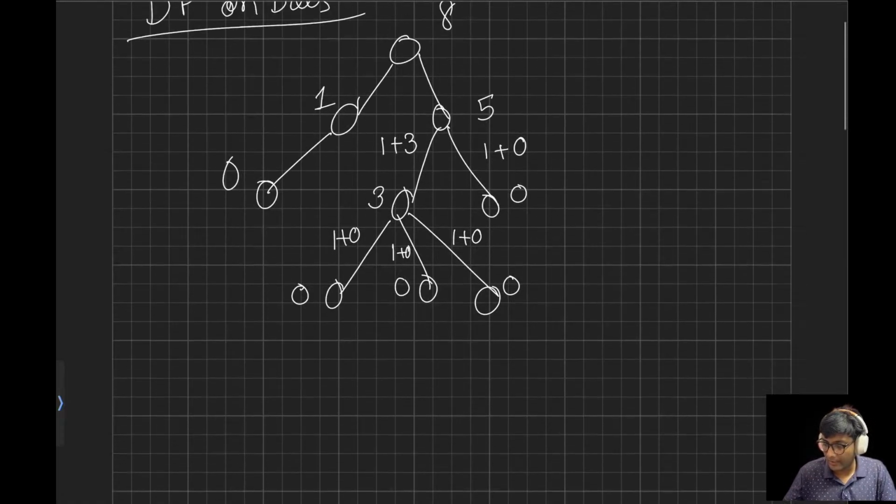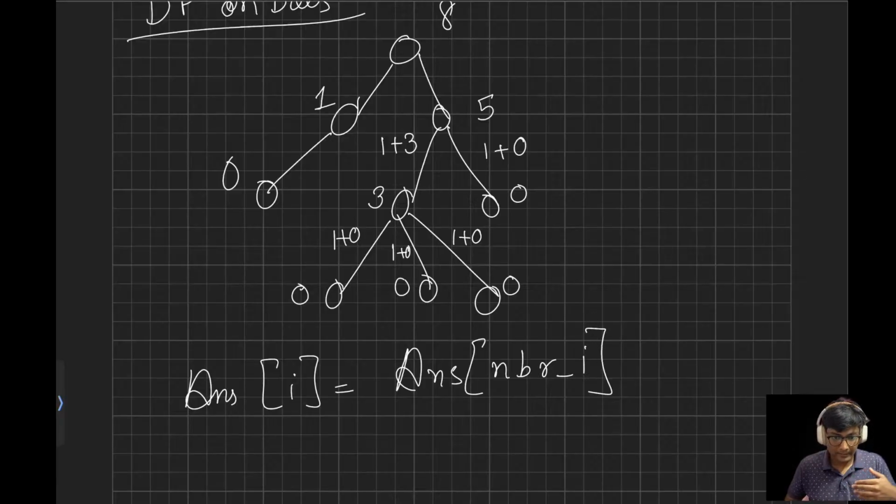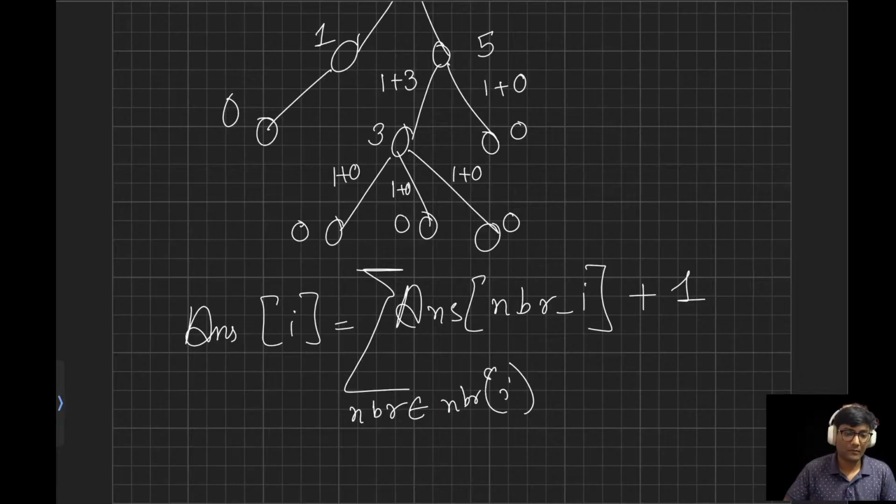So it can be shown like answer for I equals the sum of, for all neighbors belonging to the neighbor set of I, the answer for that neighbor plus 1.